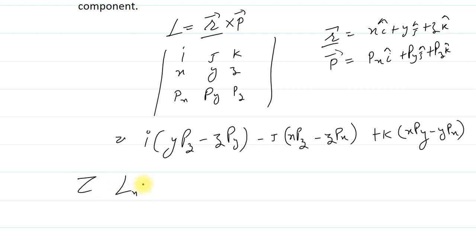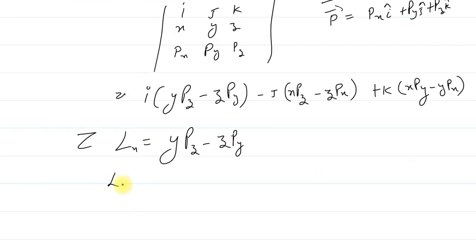So from here we can easily get the components of angular momentum. The x component of angular momentum, Lx, is y pz minus z py. And then the y component of angular momentum is z px minus x pz, since we have a negative sign there.